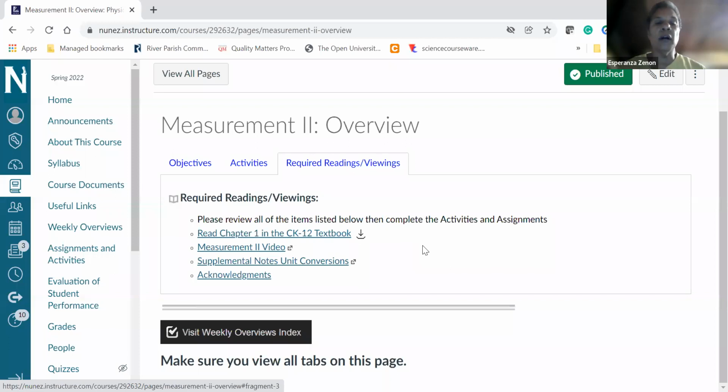There's also videos available that you can watch that relate to unit conversions. And then, as always, the supplemental notes are what I'm going to use today. And then on Thursday, we're going to take some time and work some practice problems that deal with unit conversions, okay?